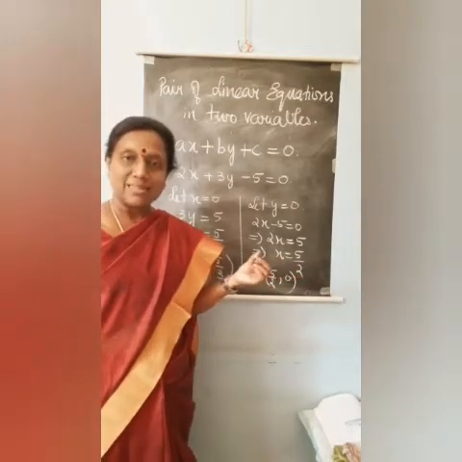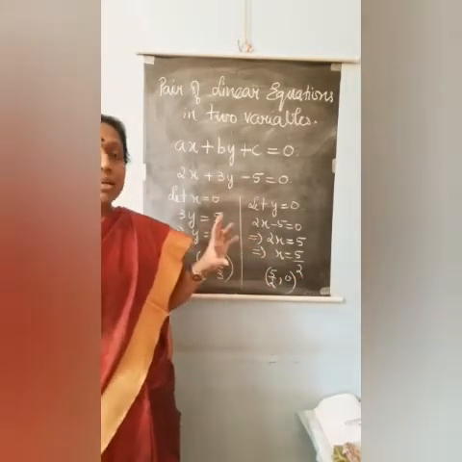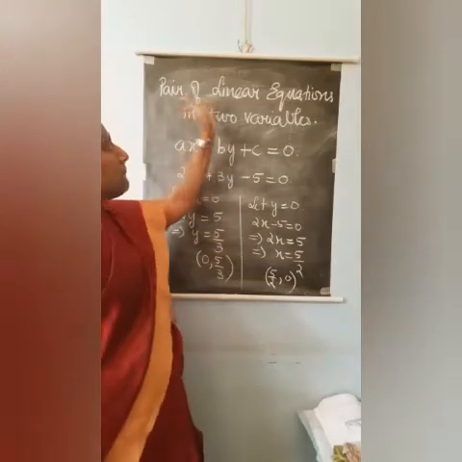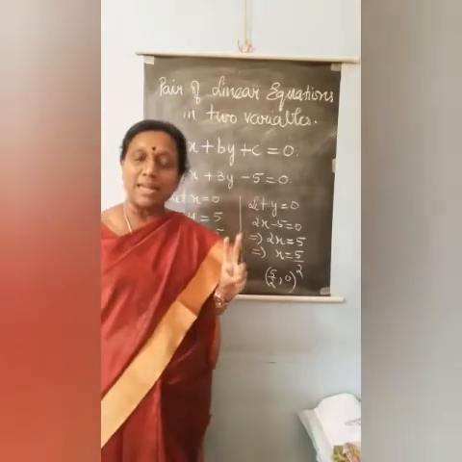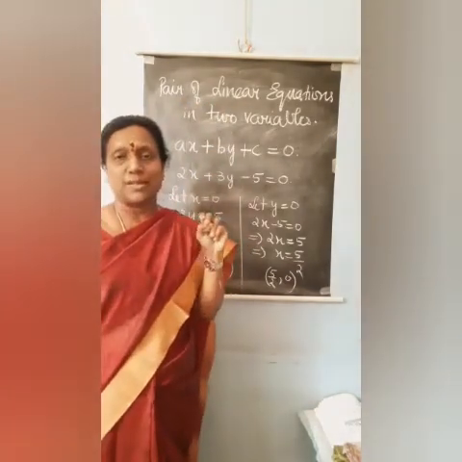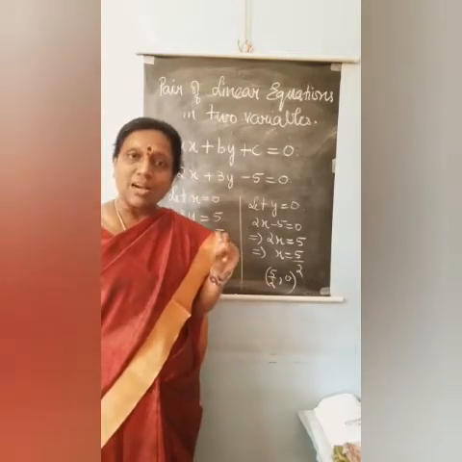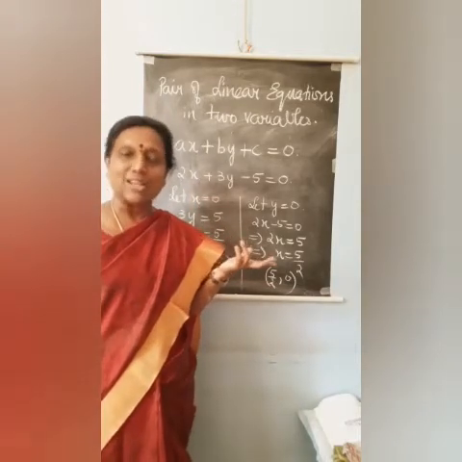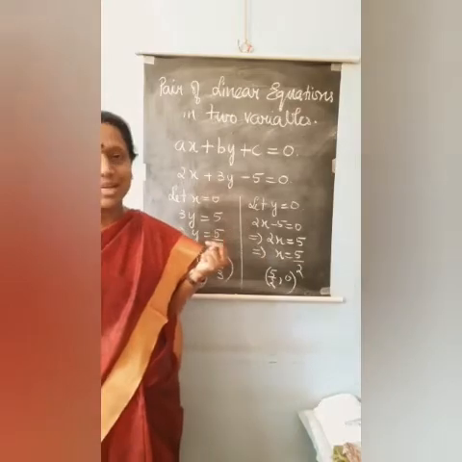You remember that? Okay. Now, if we are going to talk about a pair of linear equations, that means there are two equations. When there are two equations, how many lines will we get? Naturally, we will get two lines.